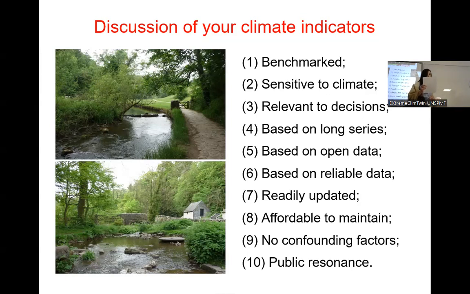No confounding factors. Okay, here we have a mixed answer, and reliable data is where we are losing the half point, because the location of the monitoring site can determine the quality of the rainfall.